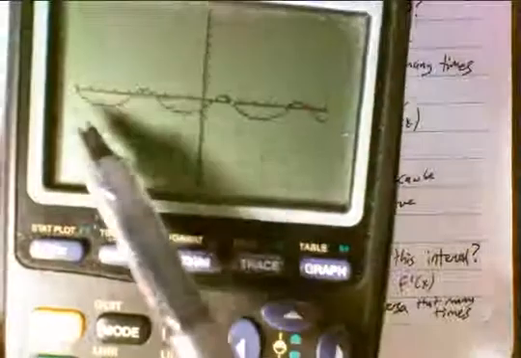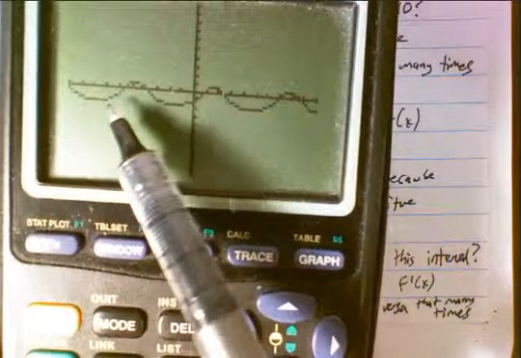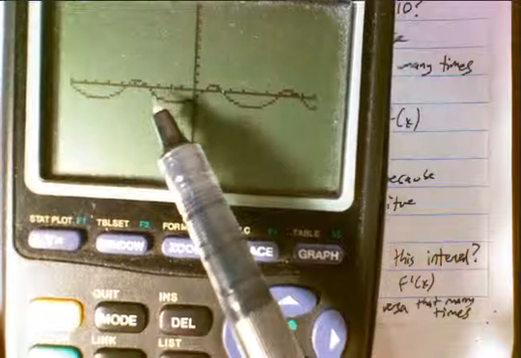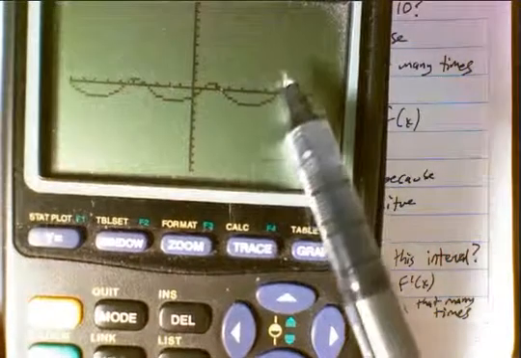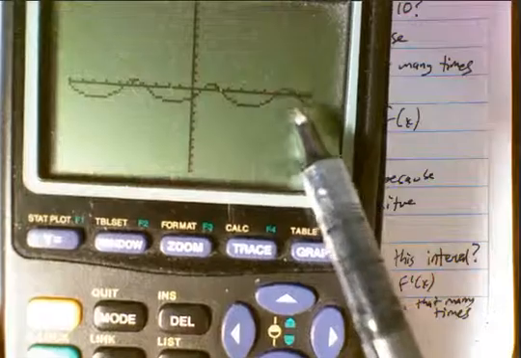So if we look here, we can clearly see there's 1 decreasing to increasing, 2, 3, 4, 5, 6.